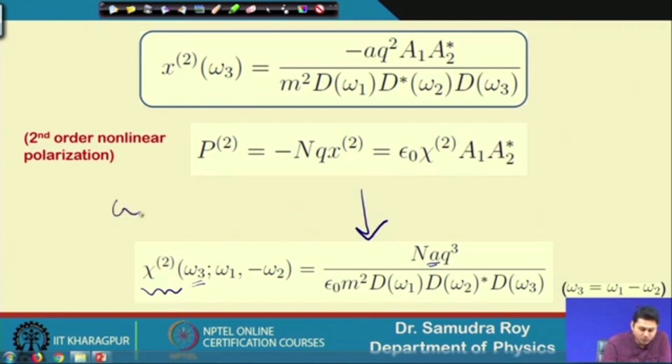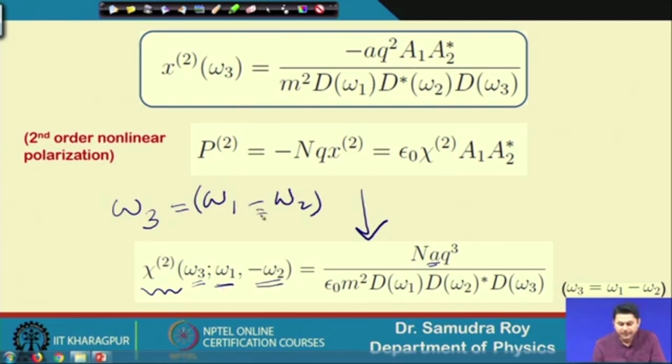You remember that omega 3 is generated as omega 1 minus omega 2, the difference frequency. That is why the notation is written as omega 1 and another frequency component minus omega 2, because of this minus sign. And on the right hand side I will have n a q cube, then epsilon 0 m square, and this entire quantity.